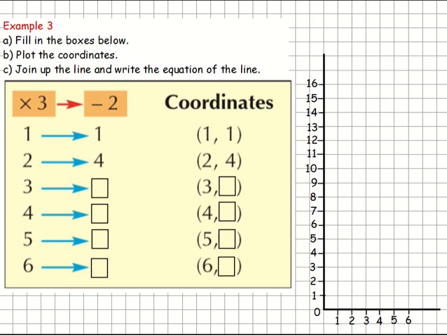Last example. Let's fill in the boxes. But this time we've got to multiply by 3 and then take away 2. Okay, so they've done it for 1 and 2. What's 3 multiplied by 3? That's 9. Take away 2 is 7. So 3, 7. 4 multiplied by 3 is 12. Take away 2 is 10.